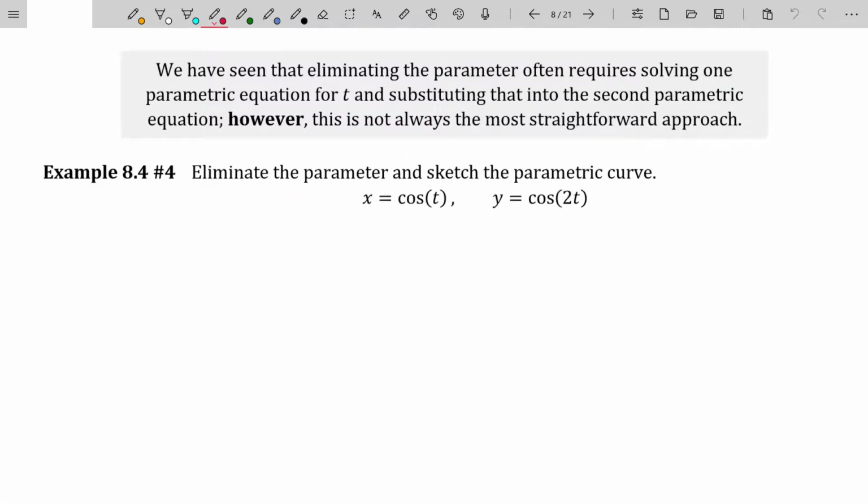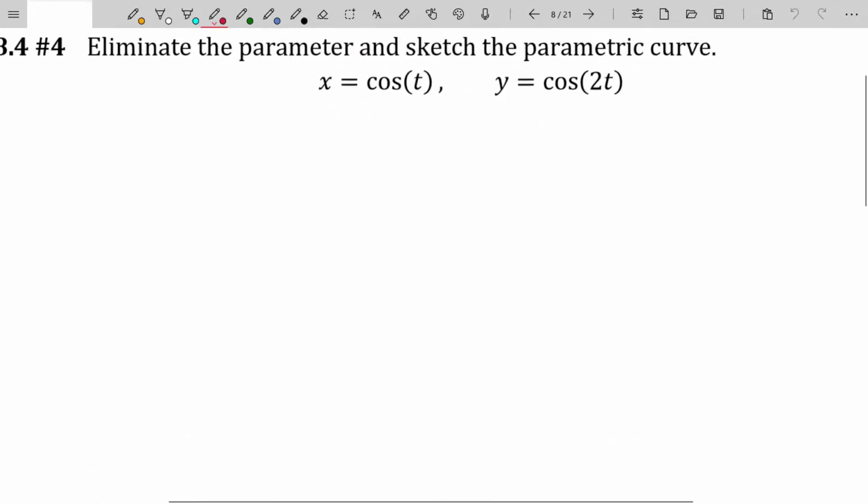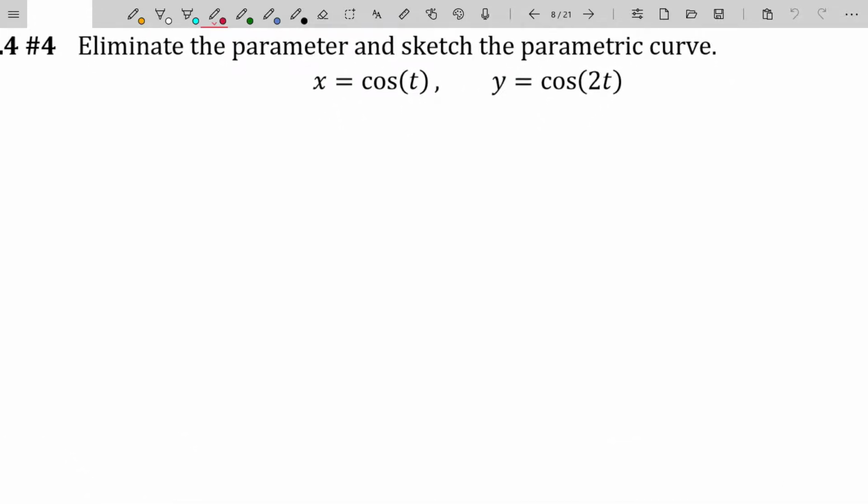Now we've seen that eliminating the parameter often requires solving one parametric equation for t and substituting that into the second. However, this is not always the most straightforward approach. In fact, in this case, that would be a terrible approach. You might want to use some type of trig identities.